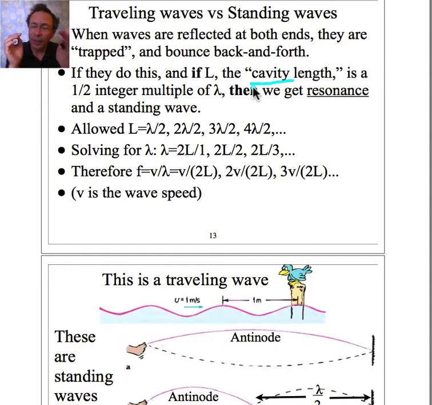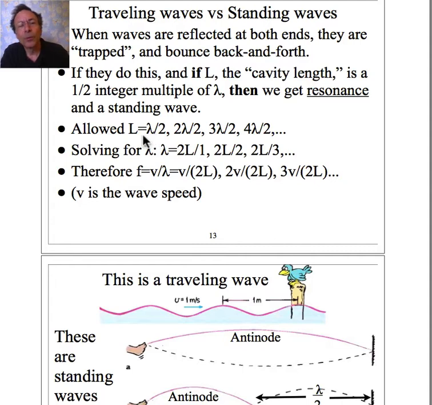The fact that resonance can only happen at particular frequencies relates to the fact that a flute will produce a particular frequency, and that's the basis for musical instruments. It's this idea of resonance and cavity lengths. Now, whether or not you have resonance depends on certain rules.